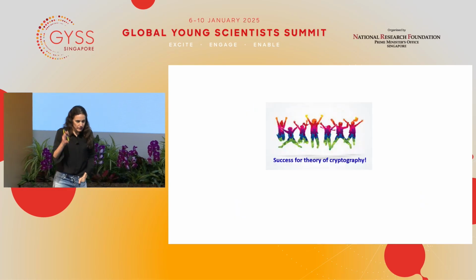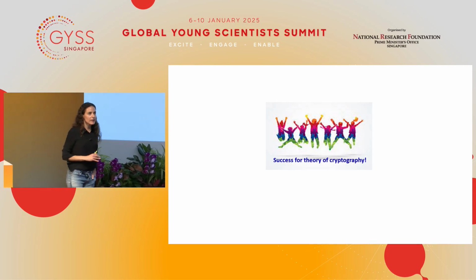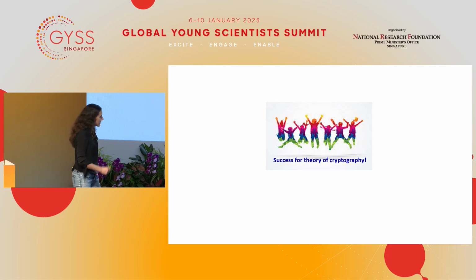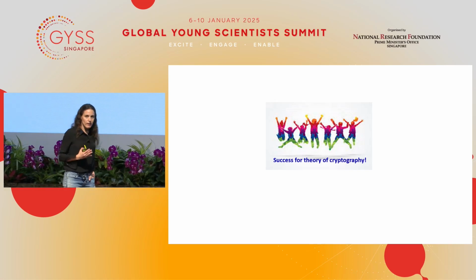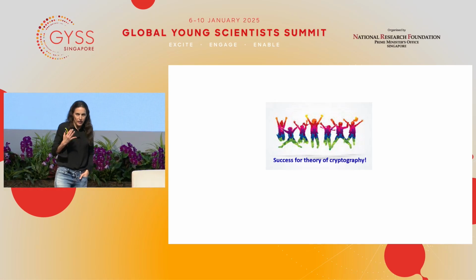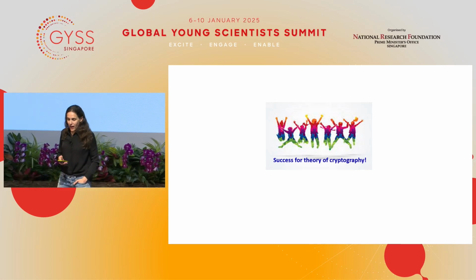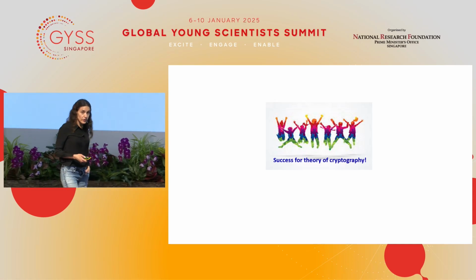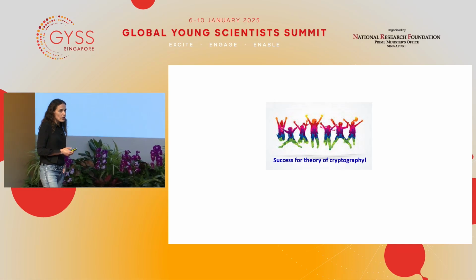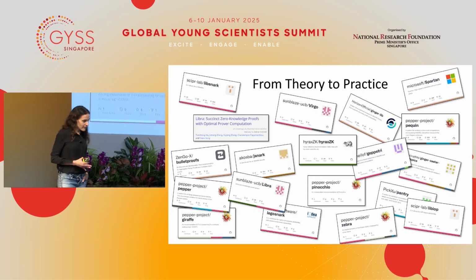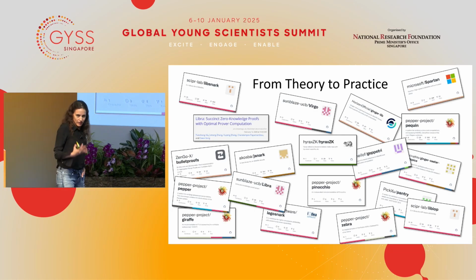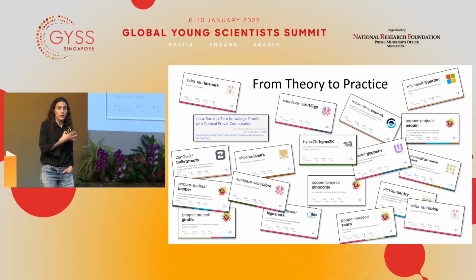OK, so I'm kind of out of time, so let me just wrap up and say that this entire journey was really fun, and as a community, I think it was a really success story for the theory of cryptography. It started with just a bunch of theorists working together, and then these things were moved from theory to practice.